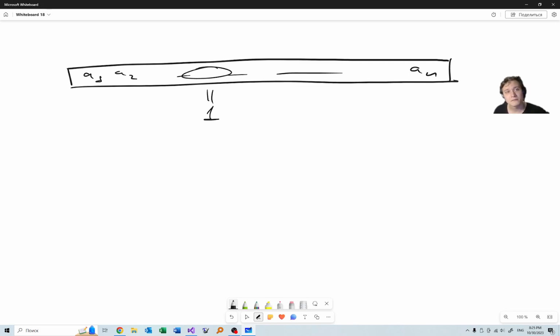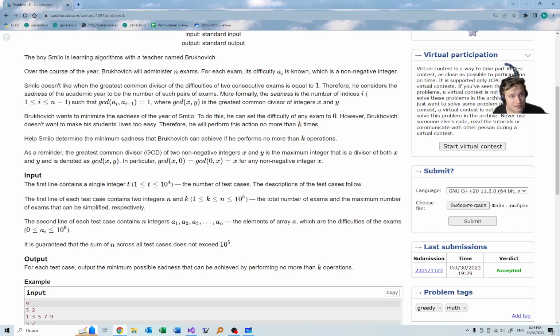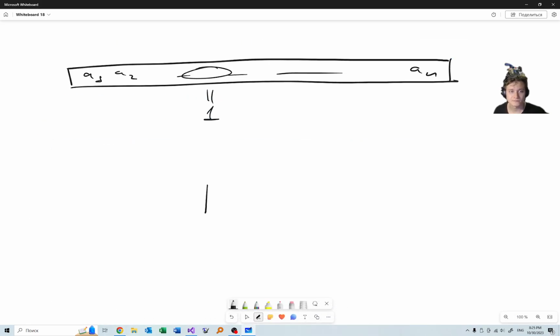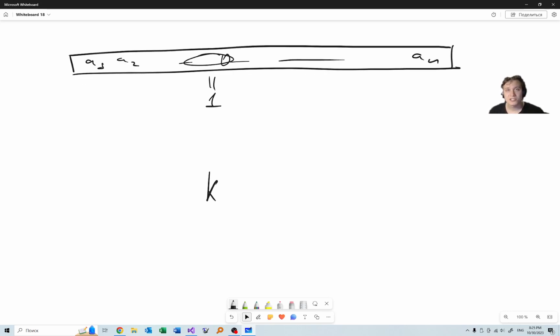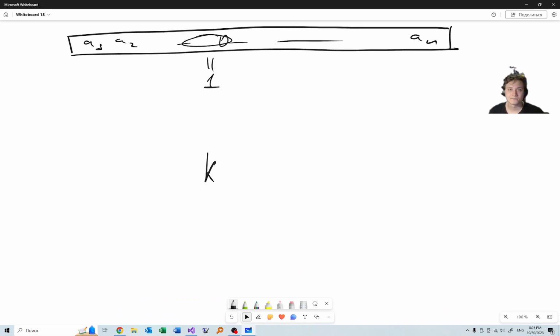And you say, okay, I can take k operations, and during each of them, I can replace some number with 0. I can make at most k such operations, and I want to minimize the number of pairs in which GCD is still 1. And you need to find the number of such pairs.